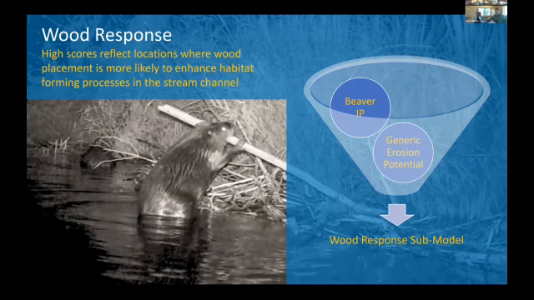Wood response score. So we've got a beaver intrinsic potential model from Dick Renner et al., 2018. I recreated it in NetMap. Rural NetMap by Terrain Works is a watershed model the partnership bought for our whole area before I started to do the salmon IPs. So I was able to use it to rebuild this beaver intrinsic potential model.